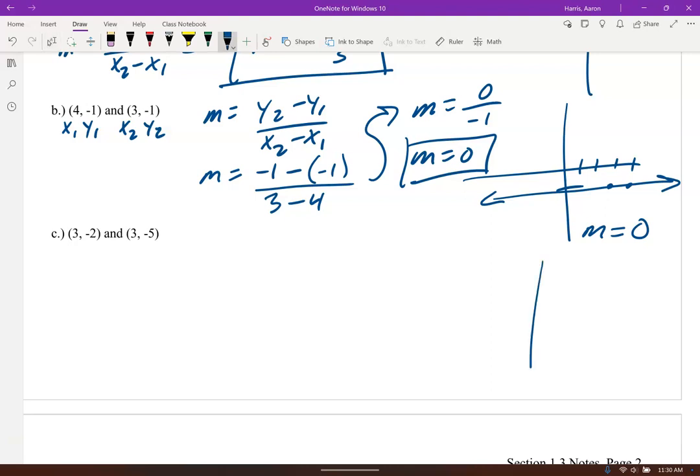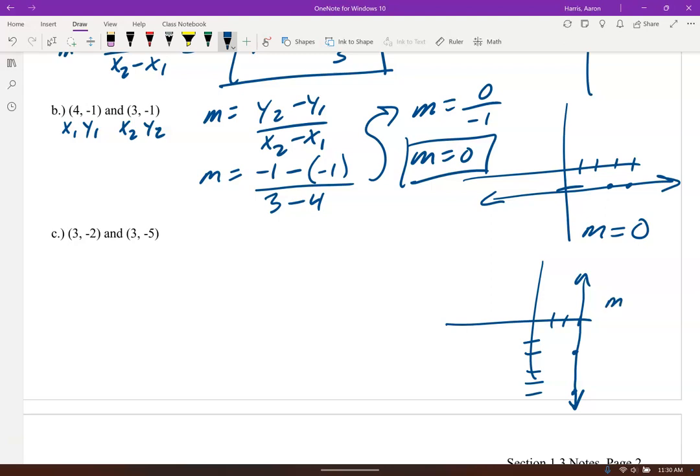All right, last one. 3, -2, and 3, -5. This one is perfectly vertical, so the slope will be undefined.